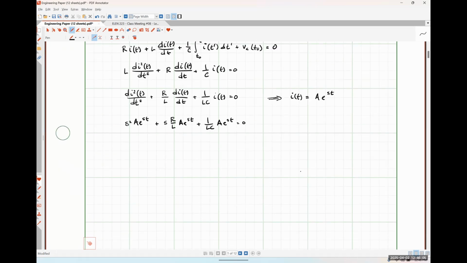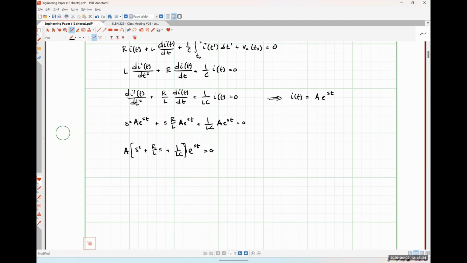And then this would look like A times (s squared plus R over L times s plus 1 over LC) e^(st) is equal to 0.